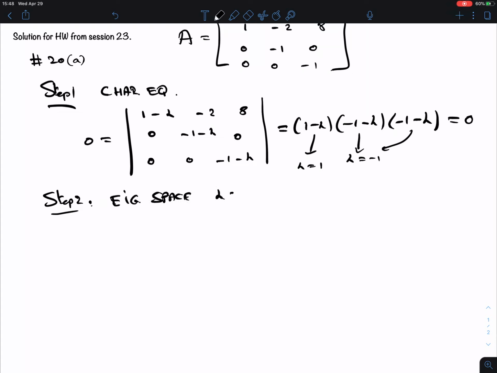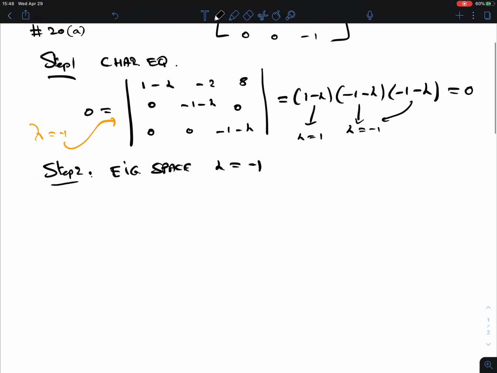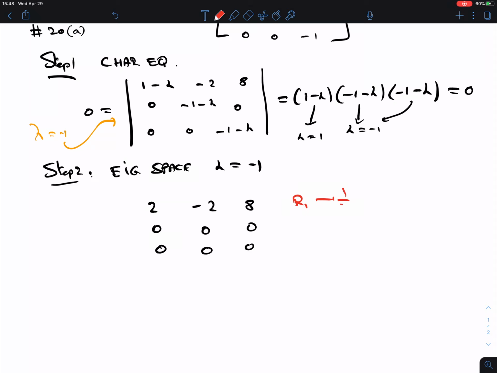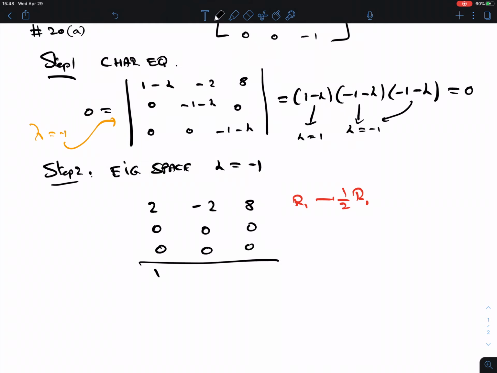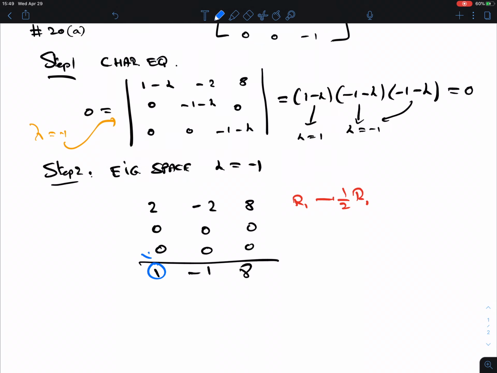Eigenspace for lambda equals negative 1: we put lambda equals negative 1 in there. Be careful, subtracting is actually really adding, so we get 2, negative 2, 8; 0, 0, 0; 0, 0, 0. Look how nice, we're actually done, except for the 1 here, so row 1 times a half gives 1, negative 1, 8, and the rest is 0. So we have one pivot variable, x1, and the two other ones are free variables.